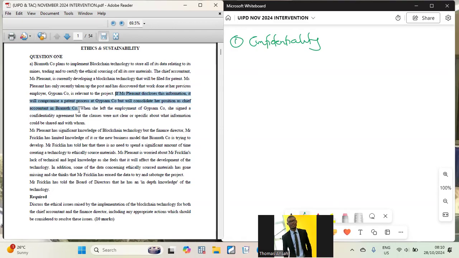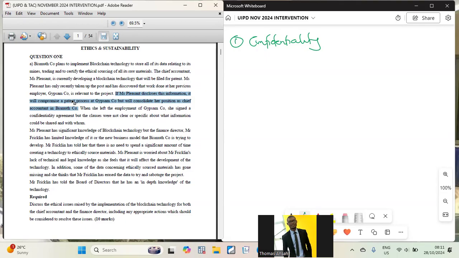That means that now she's in a situation where disclosing some information that she's not supposed to disclose will give her some advantage, which will breach her confidentiality, more or less like her duty of confidentiality to her past employer.